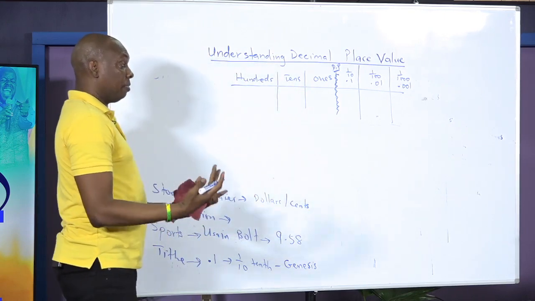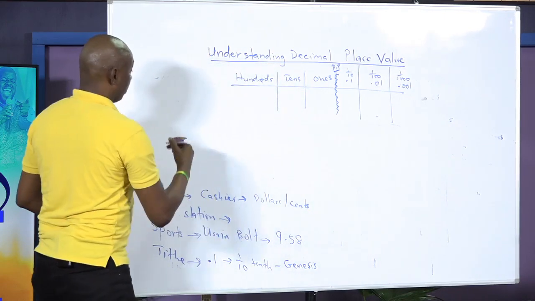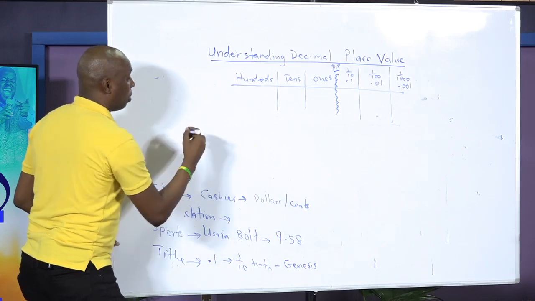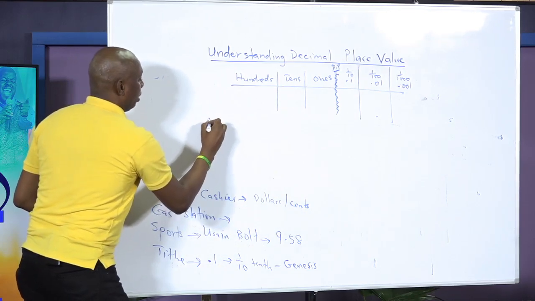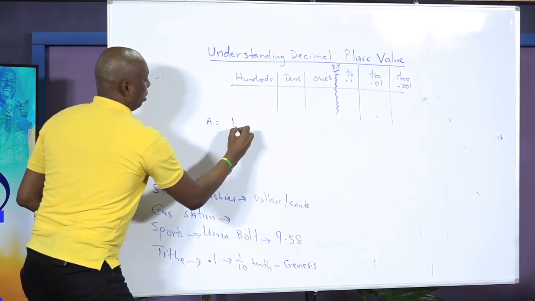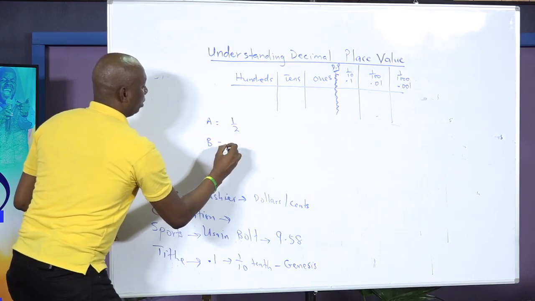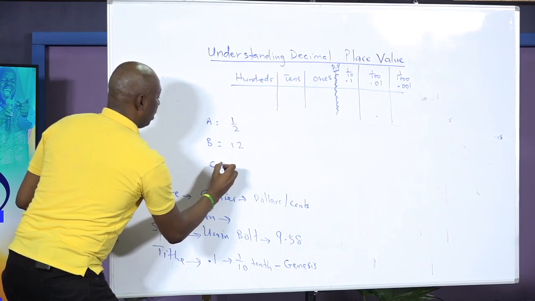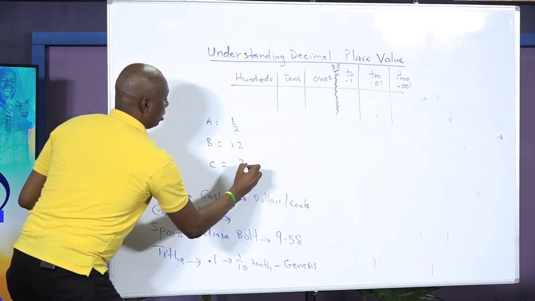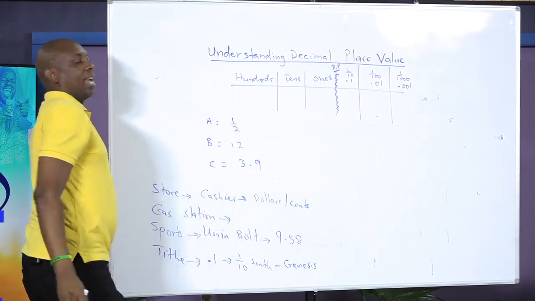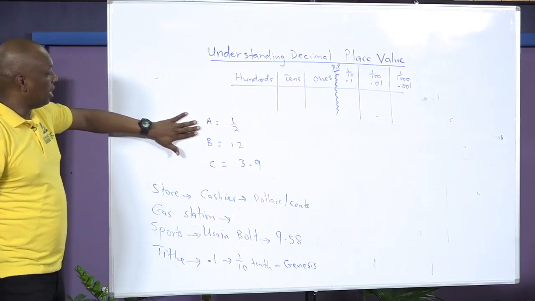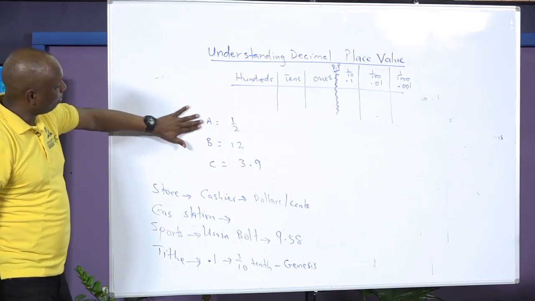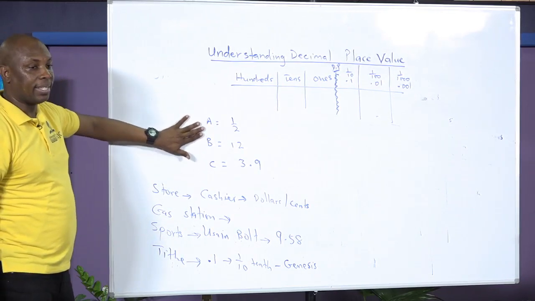Now, if I want to find a unique number, just like how I would have the whole number that I started out with, I would put right here A, B, and I have C. I could ask you which of these numbers represents a decimal number.